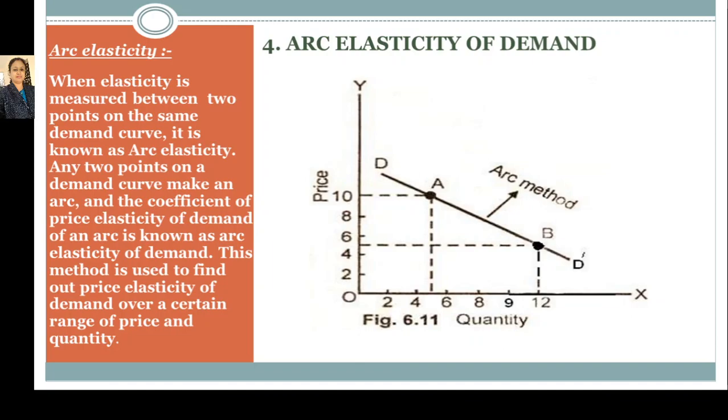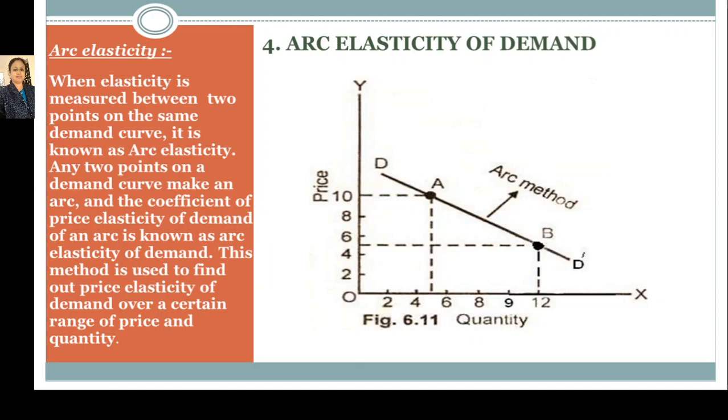So we have to make an average of these values, that is, the 2 points of price and the 2 points of quantity. We find the average of these points, and we get the value of elasticity of demand with the help of arc elasticity of demand. So the coefficient of price elasticity of demand of an arc is known as arc elasticity of demand.